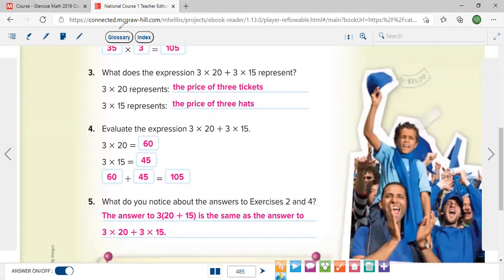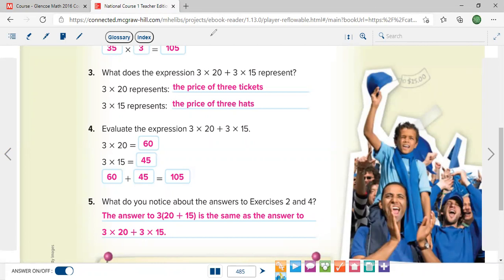So, what do you notice? What do you notice about the answers to exercise 2 and 4? The answers to 3 parentheses 20 plus 15 is the same as the answer to 3 times 20 plus 3 times 15. And this is what we name the distributive property.